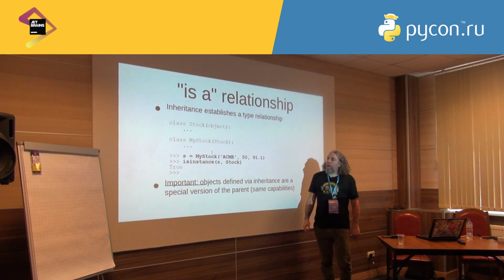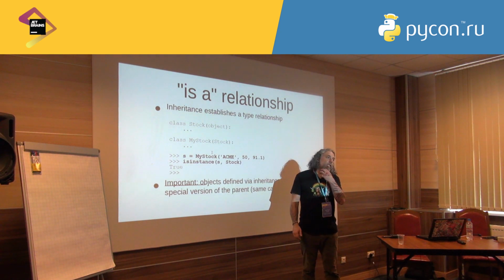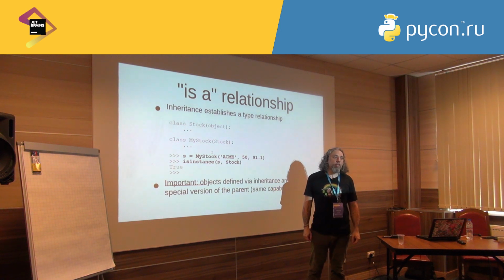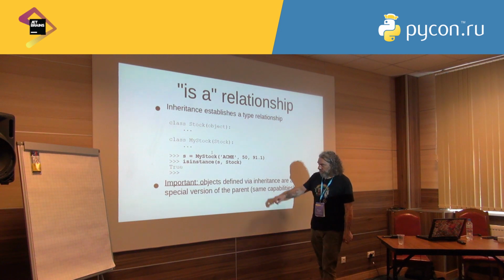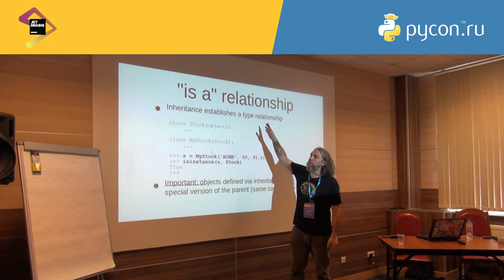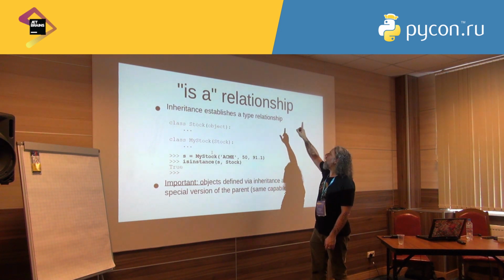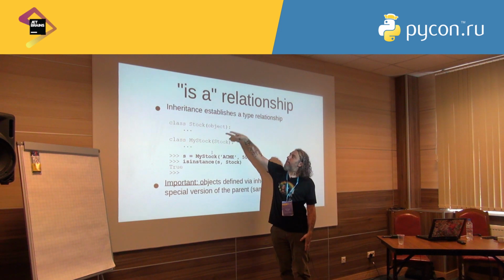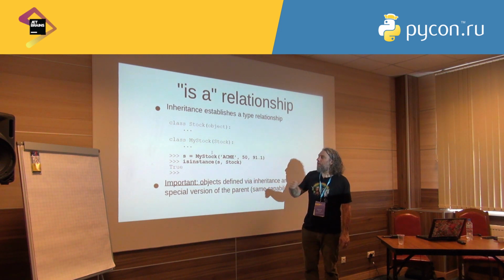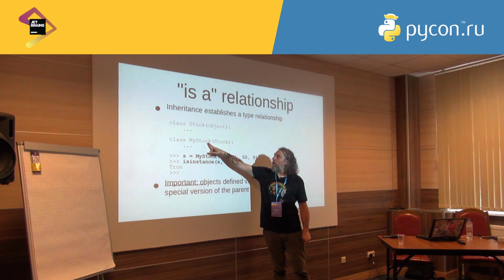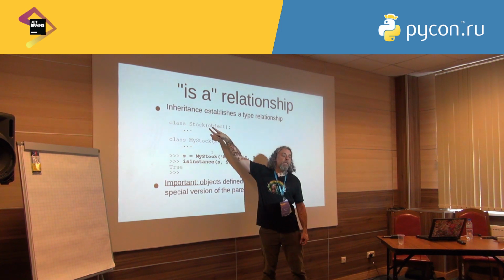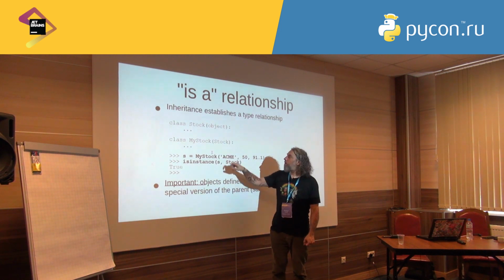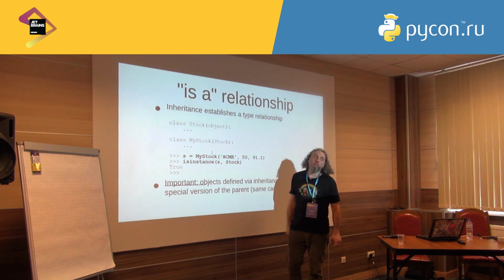And I said a little while back that the most practical purpose for inheritance is code reuse, specializing existing code. The object-oriented purists would say that inheritance creates an is-a relationship. So a my stock instance is a stock by virtue of the inheritance relationship, by virtue of the child-parent relationship.